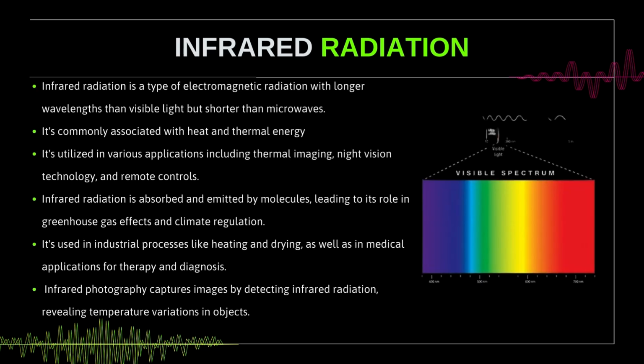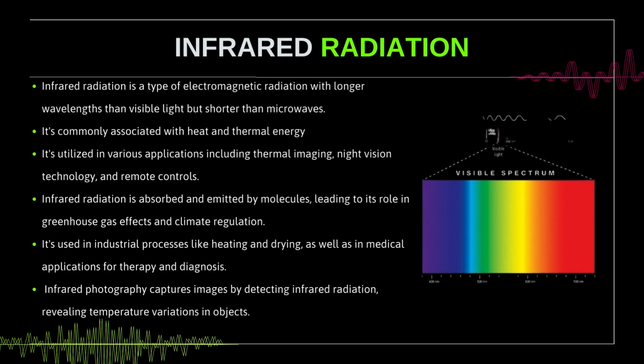Infrared radiation. Infrared radiation is a type of electromagnetic radiation with longer wavelengths than visible light, but shorter than microwaves. It's commonly associated with heat and thermal energy. It's utilized in various applications including thermal imaging, night vision technology, and remote controls.